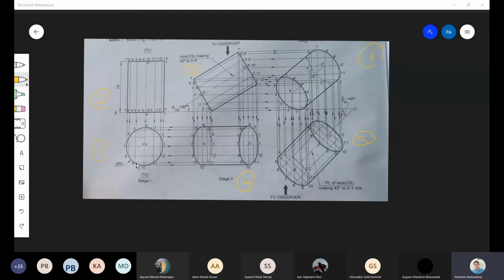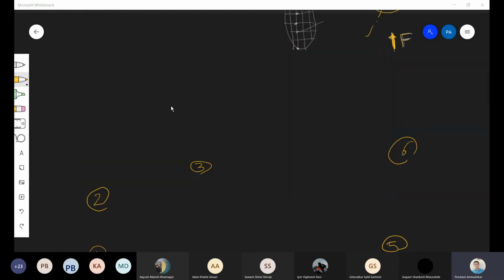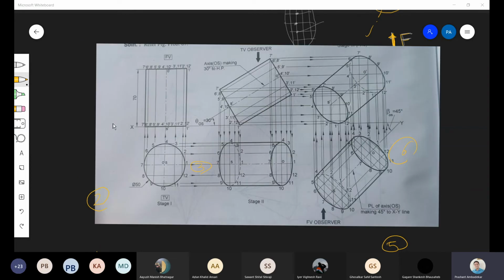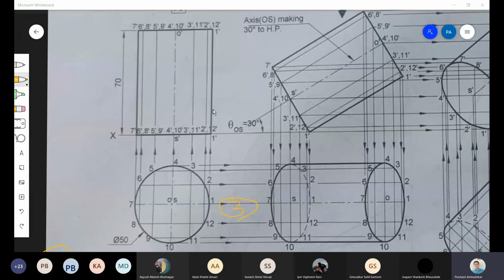First this was drawn, and from this view, these arrows are going up, so that you can get this front view. I think it is more clear now, I have zoomed it again.